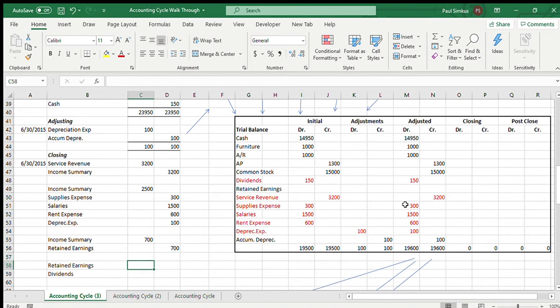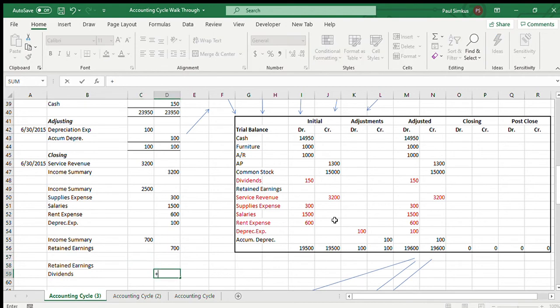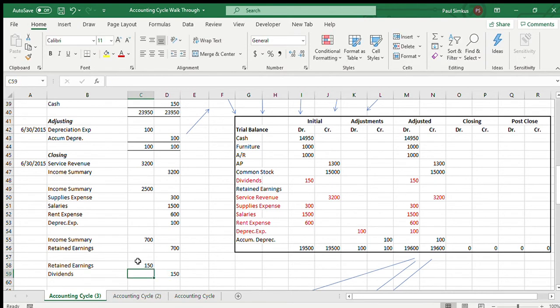Likewise, to close out the dividend account, you need to credit it $150. Okay, you'll have to debit retained earnings. Now, the 700 coming over increases retained earnings. The debit to retained earnings of 150 decreases it, because dividends decrease retained earnings.